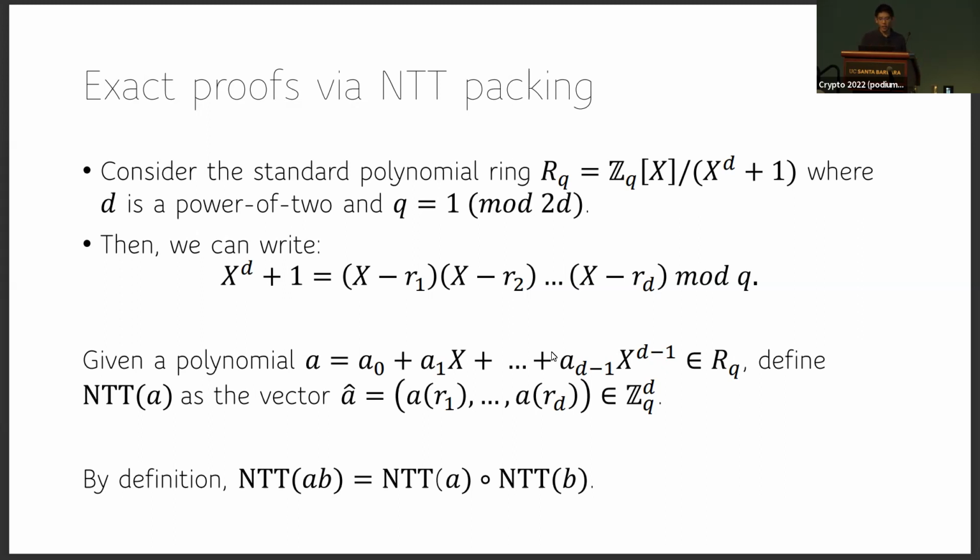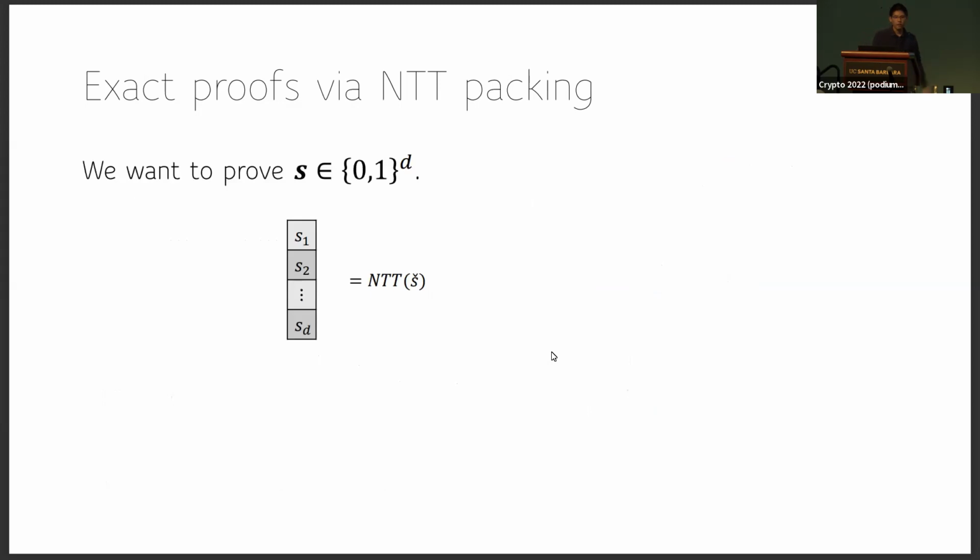To showcase this idea, suppose we have some vector s, and we want to prove that it has binary coefficients. So the idea is that we can write this vector s as s1, s2 up to sd, and I can find the so-called inverse NTT. So I can find the polynomial s check such that NTT of s check is equal to s, and then I can subtract 1 as well. So I have NTT of s check minus 1 is equal to the vector s1 minus 1, s2 minus 1 up to sd minus 1.